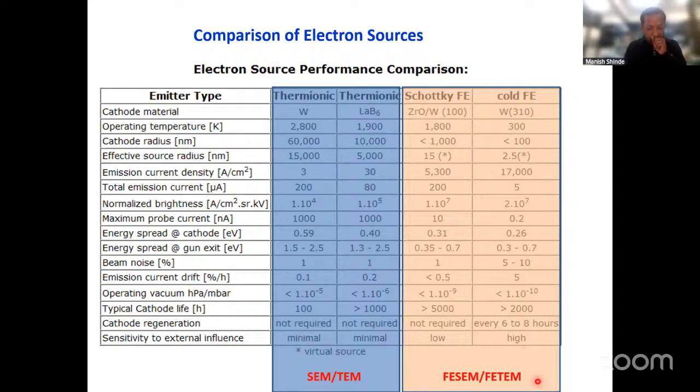Now, field emission is a separate phenomenon. It is a quantum mechanical phenomenon, whereas in thermionic emission, you apply very high current to generate the electron beam.